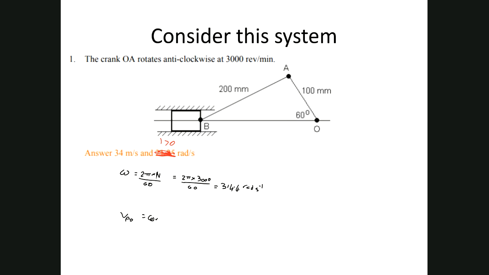So the velocity of A with respect to O is equal to 314.4 times 0.1, 31.44 meters per second.